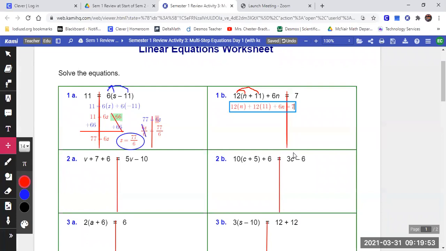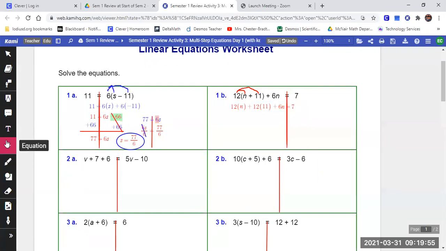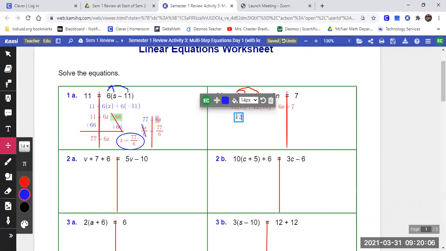Okay, now we have to go do the math though. Anytime a number multiplies times a letter, we just write them together. So this says 12n. Now we have to figure out what 12 times 11 is. And it's positive. We know that because it's positive times positive.